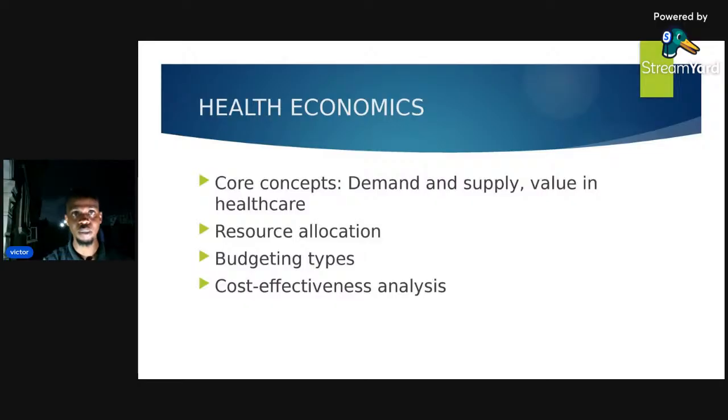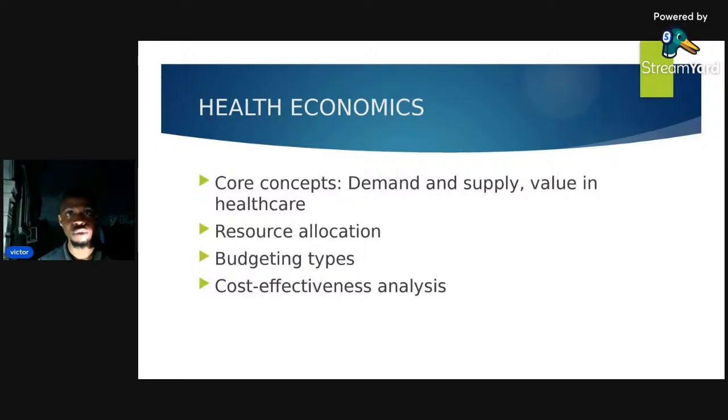Then there is the concept of demand and supply. For the concept of demand, that is the quantity that a consumer is able to demand at a given period of time, and this is usually affected by a lot of factors. For example, income.